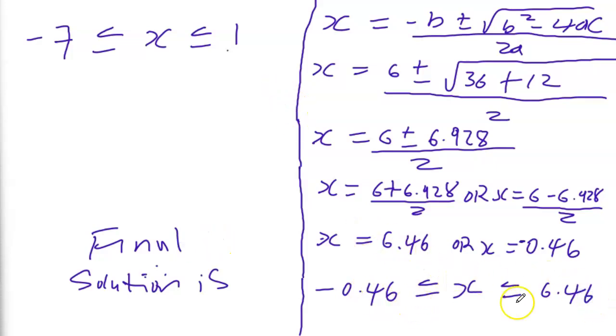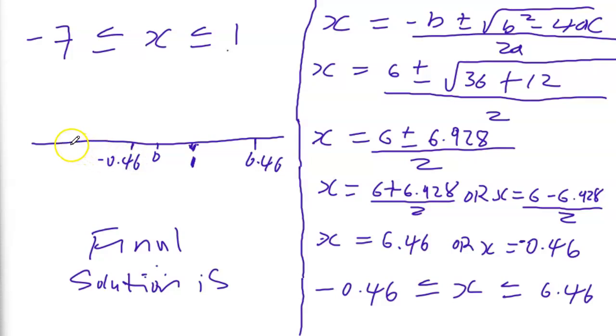If you use a number line here, 0, notice 6.46, and then there's 1, and then there is minus 0.46, and then there's minus 7. So the inner value here, so x is between these two values, less than or equal to 1, greater than or equal to minus 0.46.